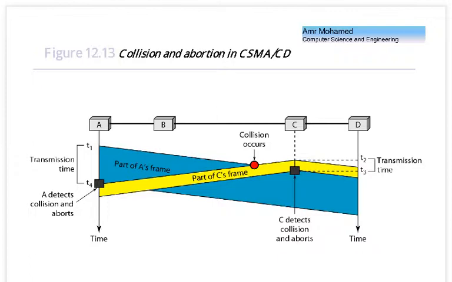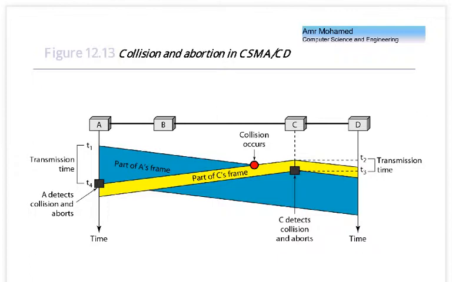Okay, so we assume that each node continuously senses the channel even during transmission, and this is very important. Okay, so the node sends and at the same time senses the channel during the entire transmission. Why? Because it has to recognize if there was a collision. Because if there was a collision, it should abort the transmission.